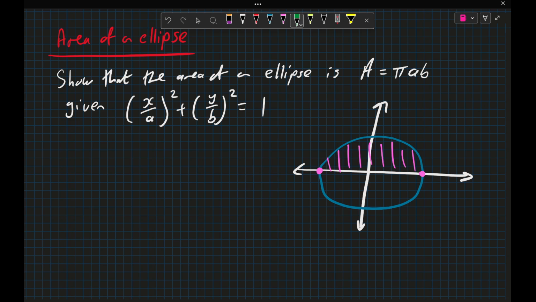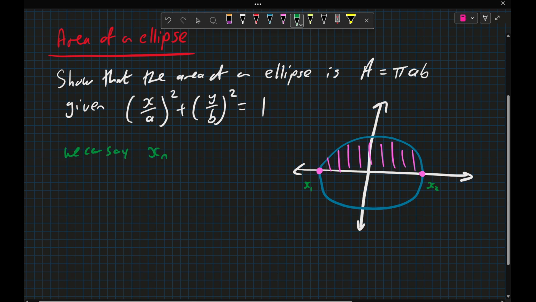So how do we get the x-coordinate of these points? Well, we can see that clearly it's on the x-axis, so the y value has to be 0. So if I call these points x1 and x2, we can say xn, so either of the x's, is found when y is 0.